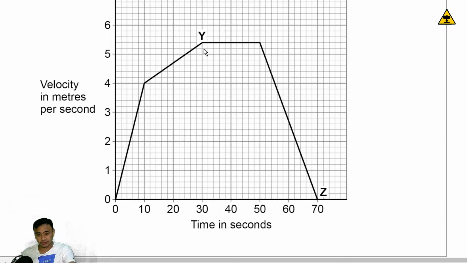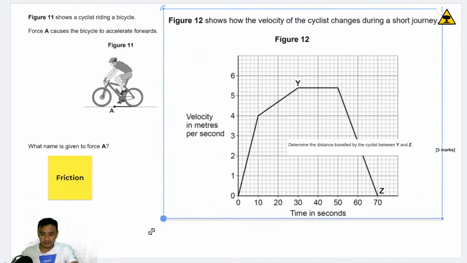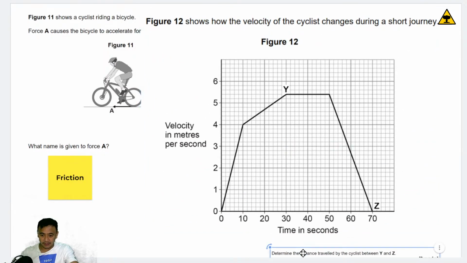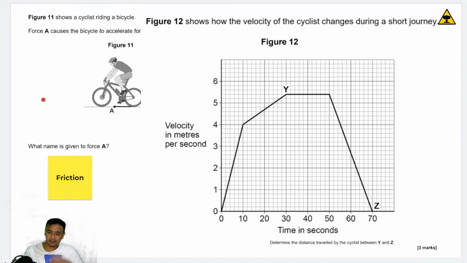I'll use my pen, it's easier. So you see the shape here, and then we have this shape over here.